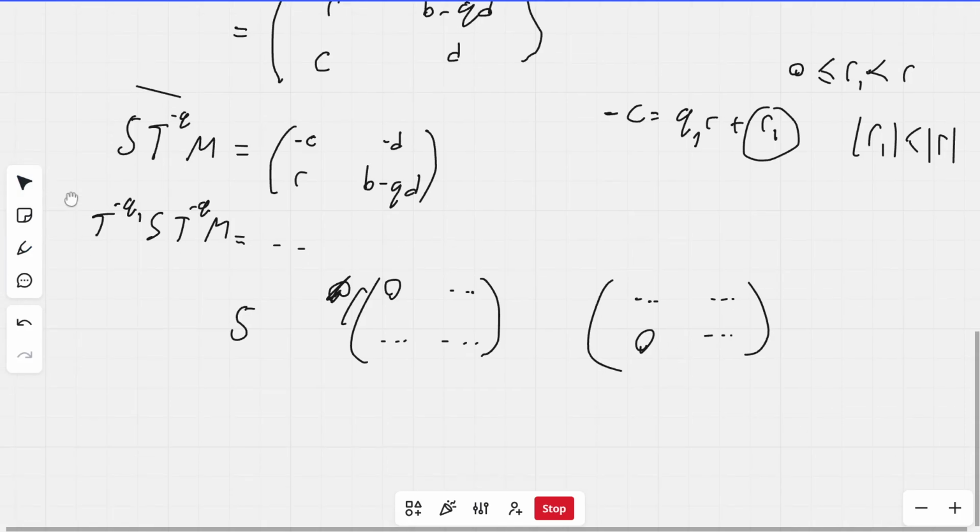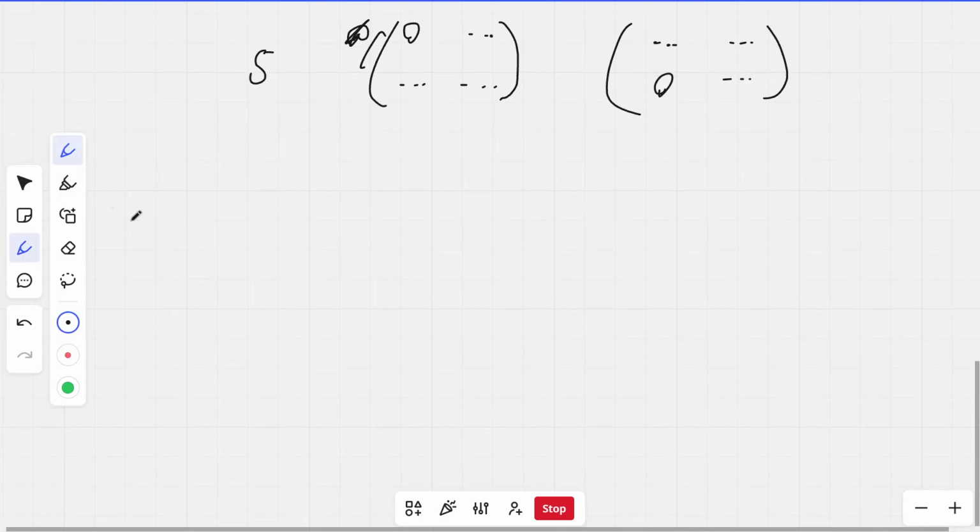And so successfully, just by applying powers of T and S and so on and so forth, we have transformed M into this new matrix that has a bottom left entry of 0.